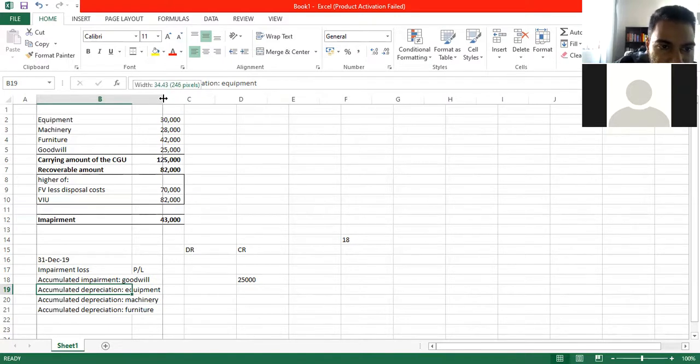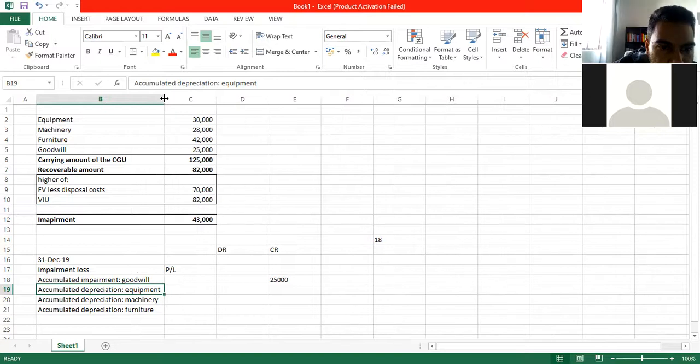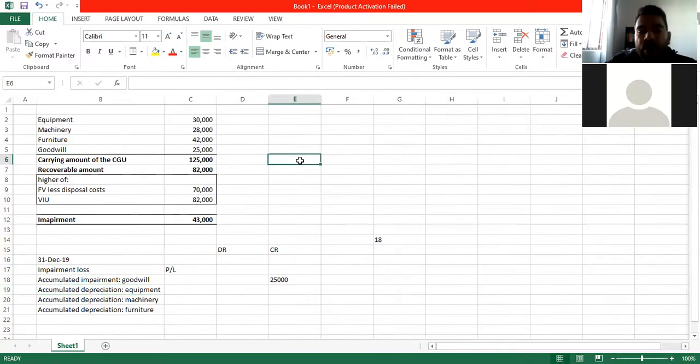IFRS. Yes. I didn't get where you said when the impairment loss is not exceeding goodwill, what will be the treatment there? So if the impairment is 20,000 Rand, that means the full 20,000 Rand will just go against goodwill. So we say debit impairment, credit accumulated impairment, goodwill, 20,000 Rand.